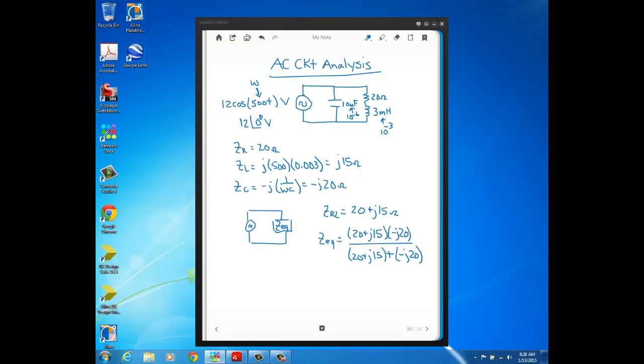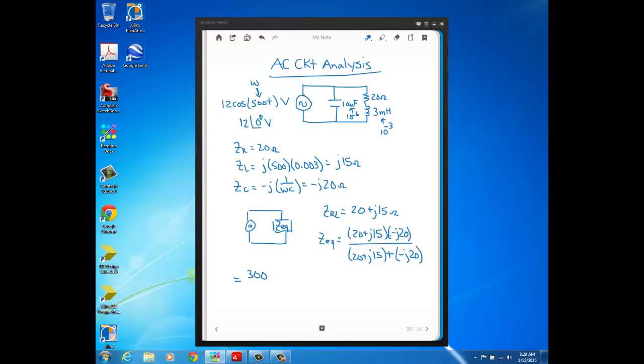Okay, so now you've got to be able to do this complex math. If you go ahead and multiply up top, you're going to get a real part of 300. That comes from the j15 times the minus j20. 20 times 15, that's the 300.